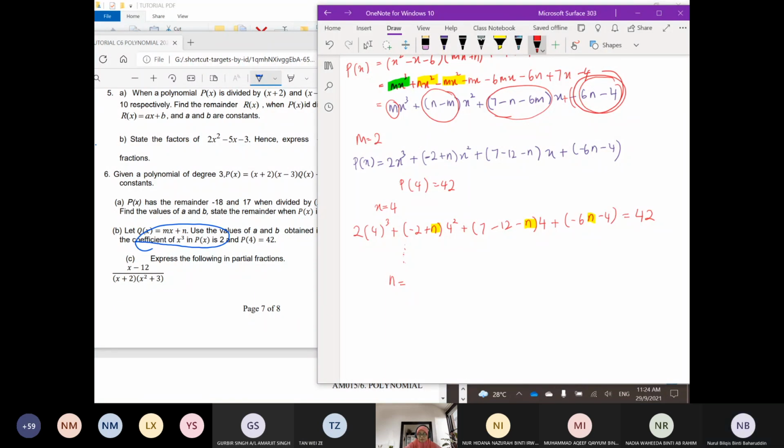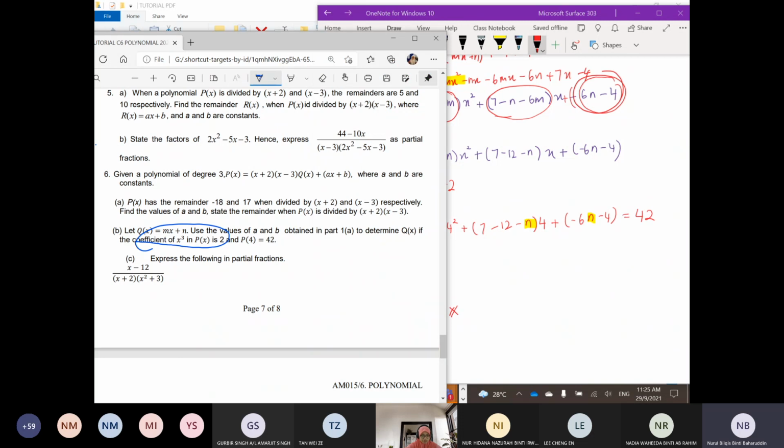N equals to? Negative 5. So rewrite your answer. Q(x) will be equal to 2x minus 5.